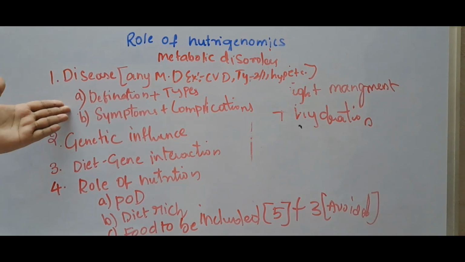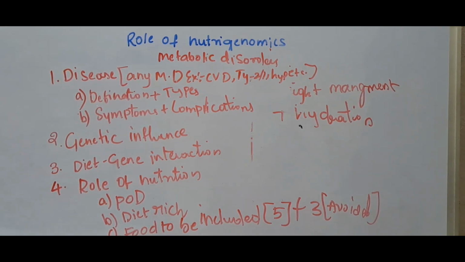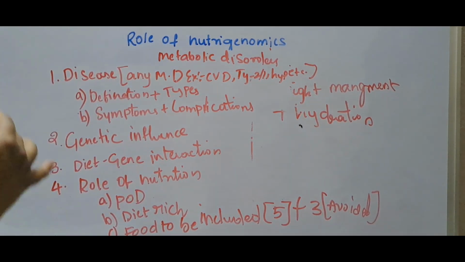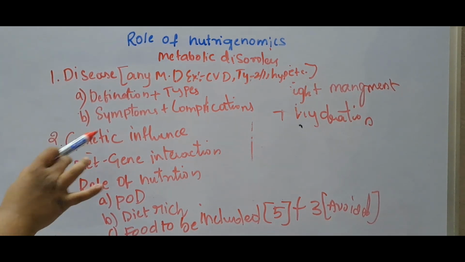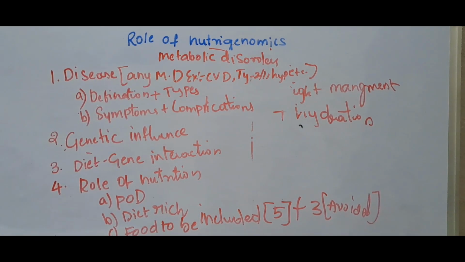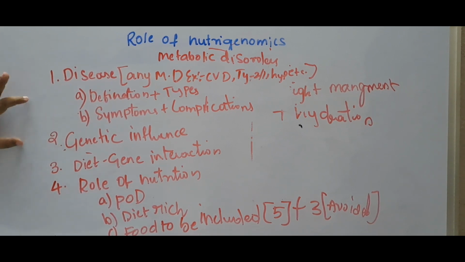If we write the definition of CVD, types, symptoms and complications, the examiner will think, okay, she has some idea about what she wants to discuss for nutrigenomics. We are talking about nutrigenomics, right? So for that we compulsorily need to write the genes, certain genes or genetic influence related to the metabolic disorders.